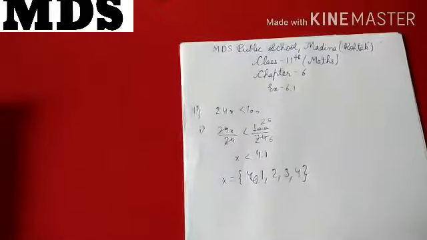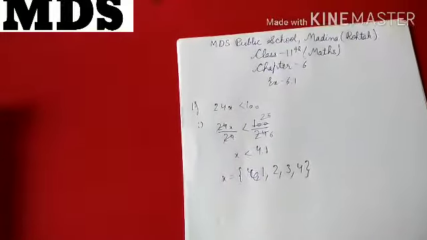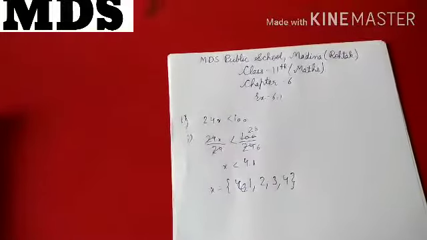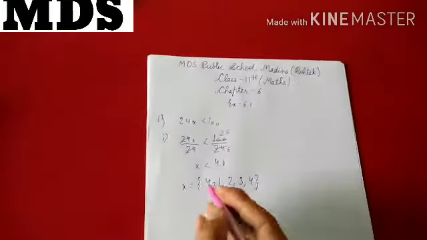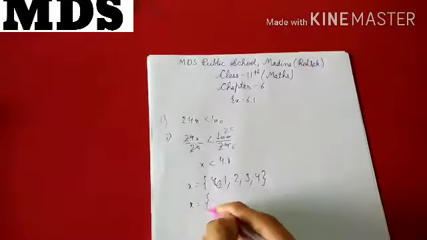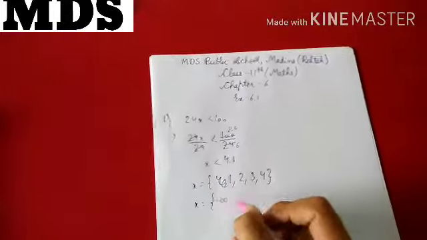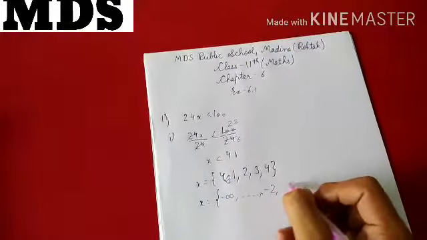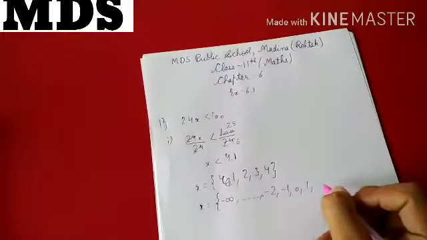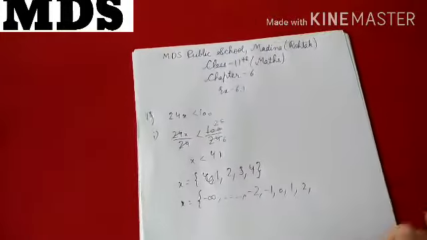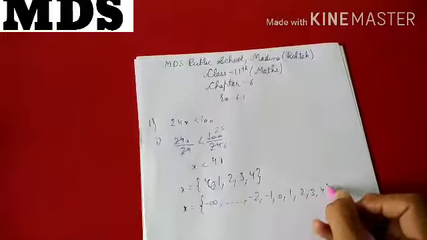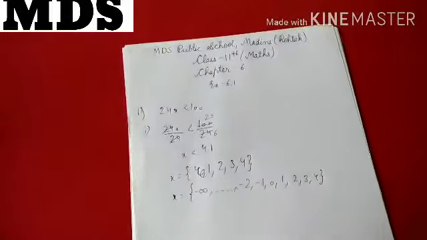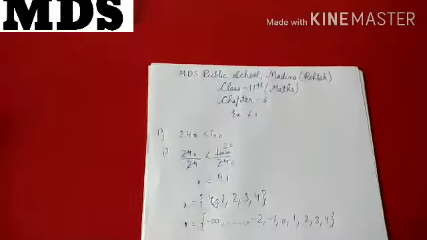And secondly, if x is an integer, then x will be from minus infinity, minus 2, minus 1, 0, 1, 2 and 3, 4. So it will be the value of x.